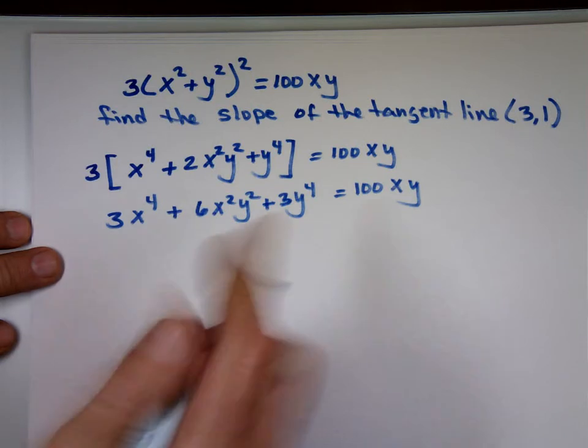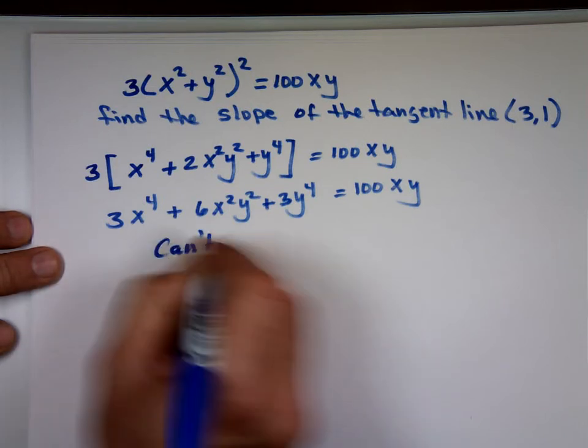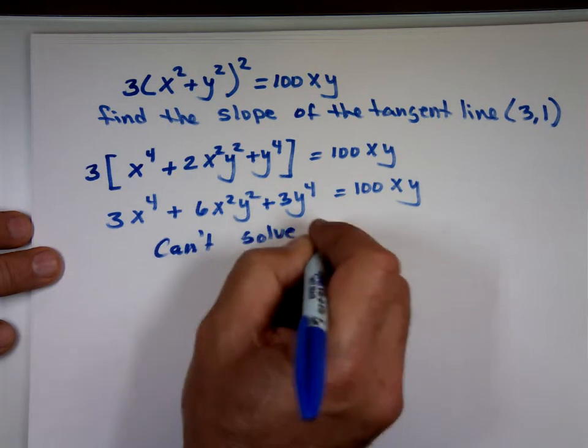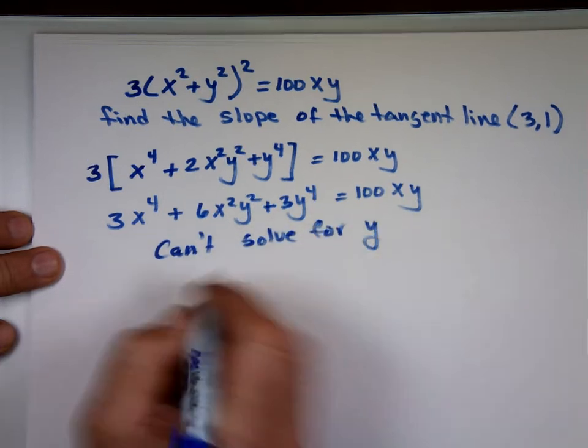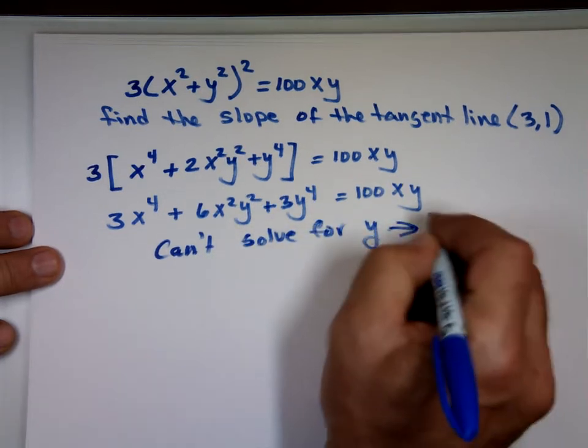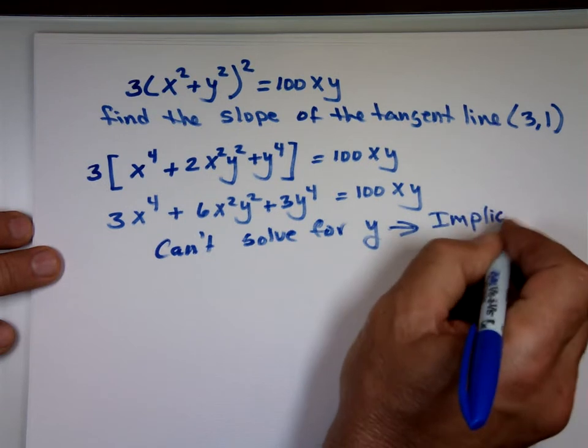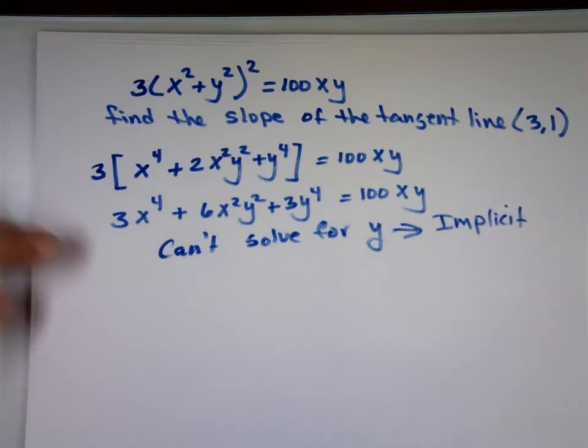So I can't solve it for y. That means, guess what? Implicit differentiation. That's your safe way of doing it.